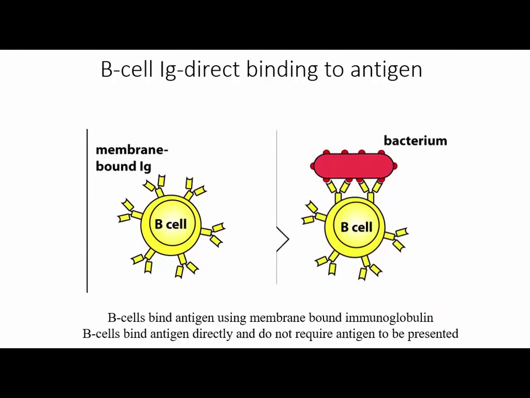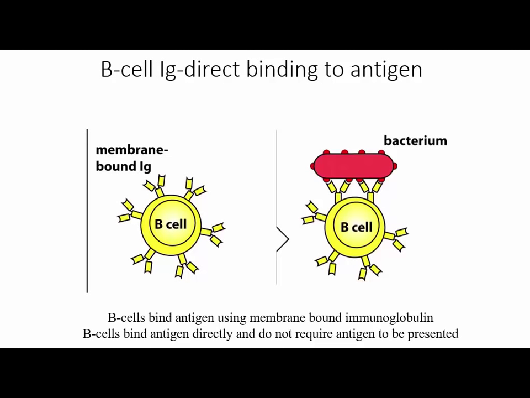So, how do B cells recognize antigen? B cells recognize antigen by directly binding to the antigen. Okay? And what I mean by that is they express their B cell receptors on the cell surface, and that gives the B cell the ability to directly recognize antigen using its B cell receptor by directly binding.